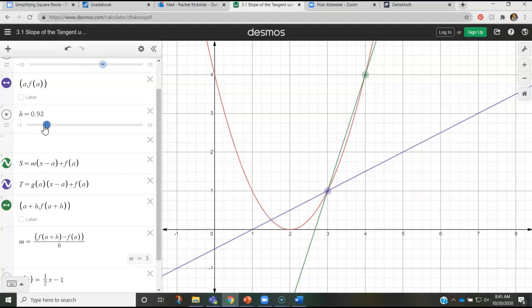Yep. Let's keep going. As I keep changing it, what's happening to my green line? Yep. As the h value gets closer and closer to 0, the green line gets closer and closer to the actual slope.